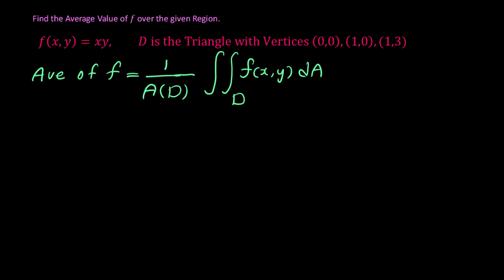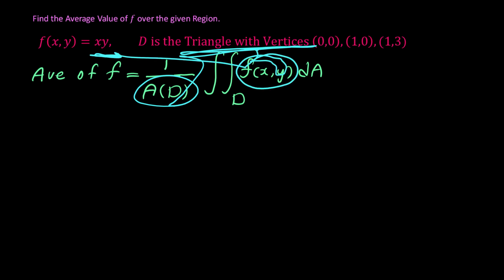So average value is 1 over area of this triangle, in this case, times by double integral of the function, which is xy, over this triangle.